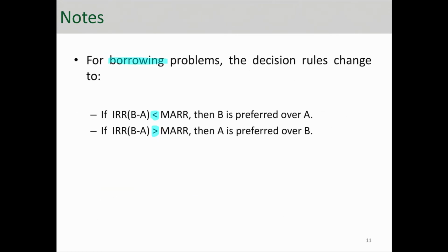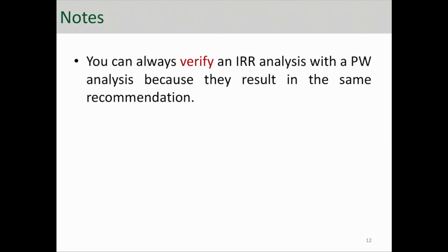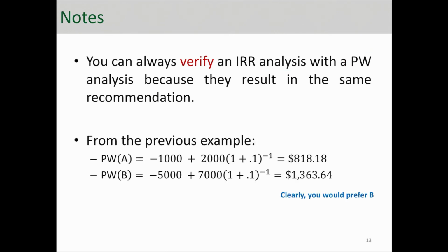But anyhow, you can always double check your IRR analysis by looking at present worth analysis. You can verify your IRR analysis with present worth. In fact, we're going to do it for that example. For the previous example, you can calculate the present worth of option A, which is negative $1,000, that's the initial investment, plus $2,000 that you receive at the end of the first year.